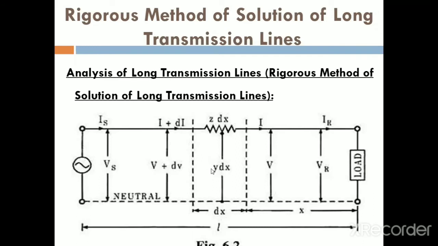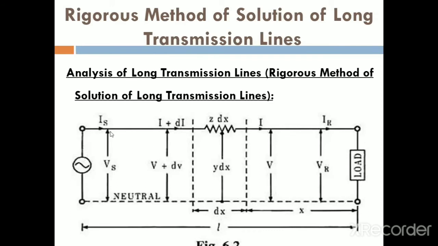And this is y, that is y into dx. We consider the small length, that's why we multiply by dx. Y is equal to the square root of g square plus b square. G is the conductance and b is the capacitive susceptance.